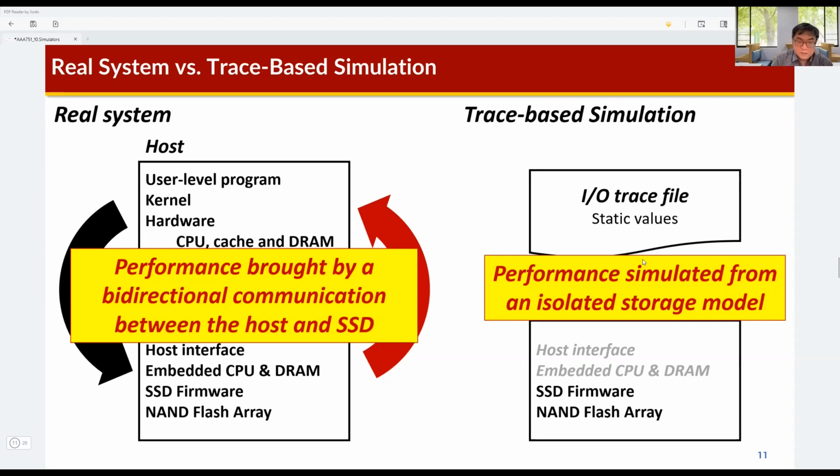In the real system, the host system interacts with I/O devices, and based on the response from I/O devices, the commands can be changed. But in the trace-based simulation, the I/O trace file is just provided to the SSD model, and we cannot change this I/O trace file. So we cannot measure the interaction between host systems and SSD models.